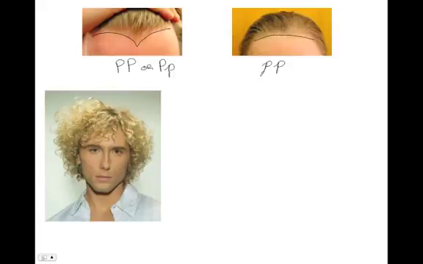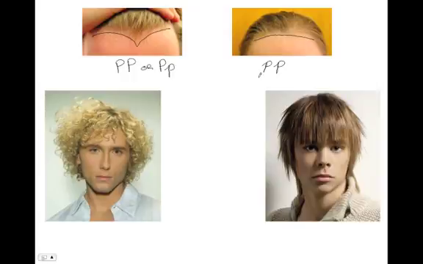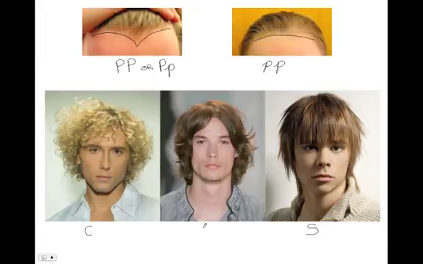The next thing we're going to look at is hair type. Is it curly or straight? So we can have curly or straight hair. Curly hair, we're going to represent with a C. Straight hair, we're going to represent with an S. Now, if you're a heterozygote, you're still going to have curls.